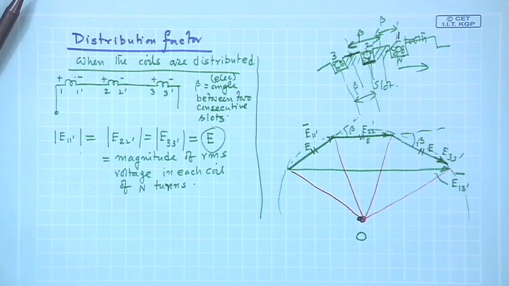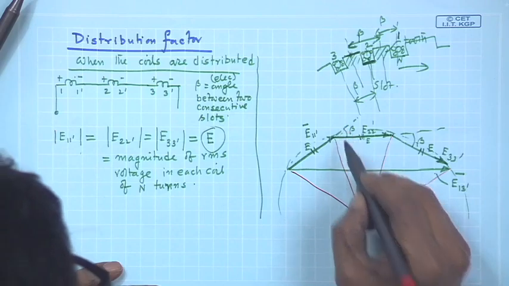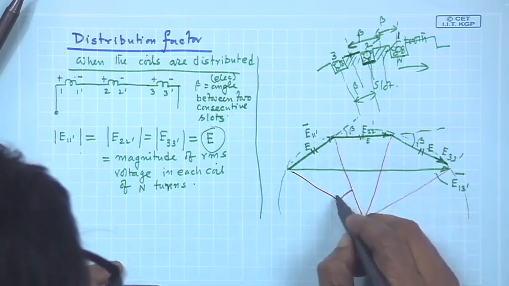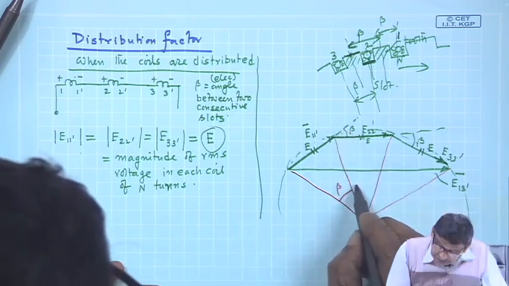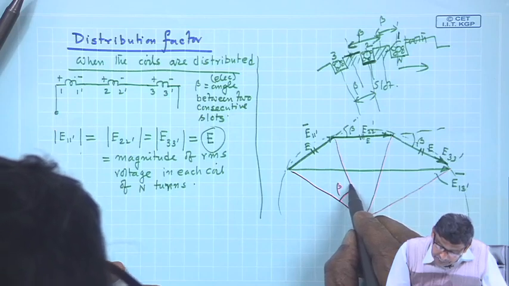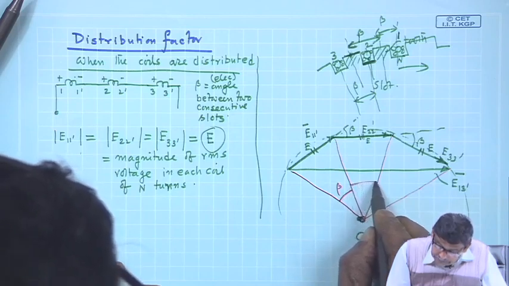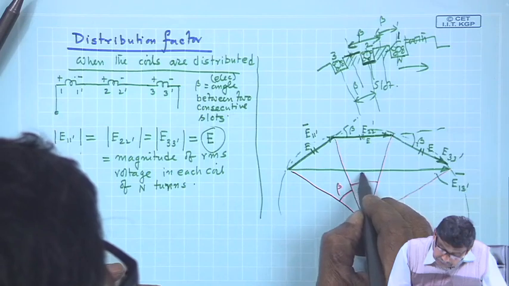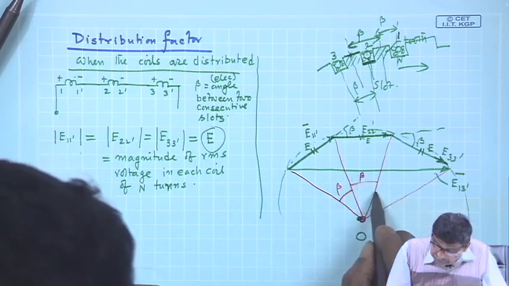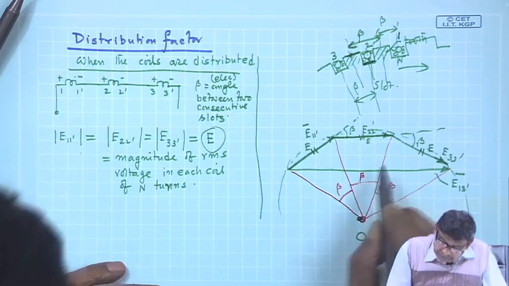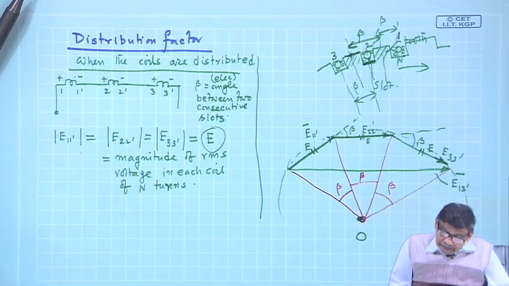Then what will happen is this angle beta will be also this beta, these angles too will be beta. It will be like this.